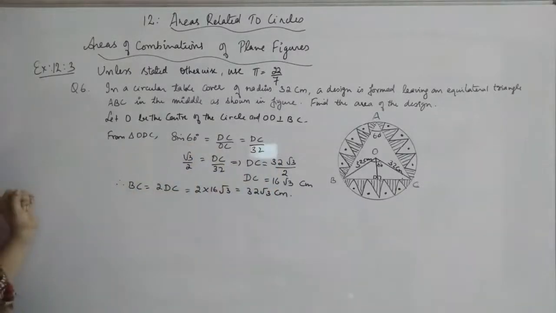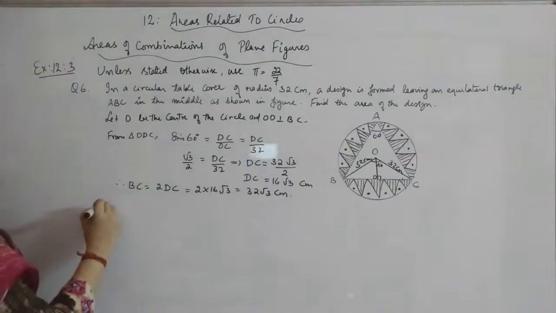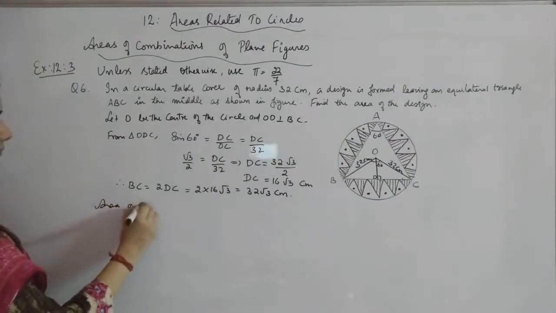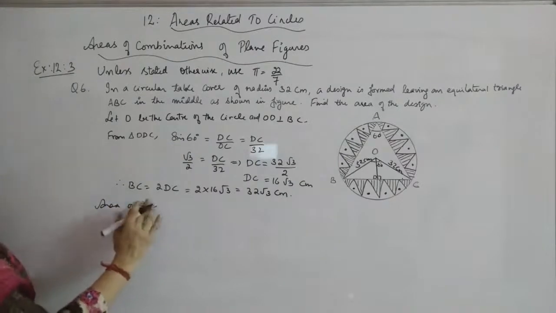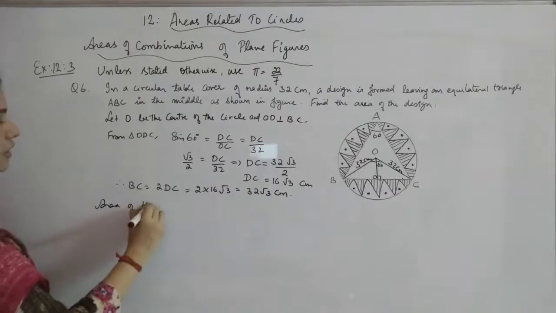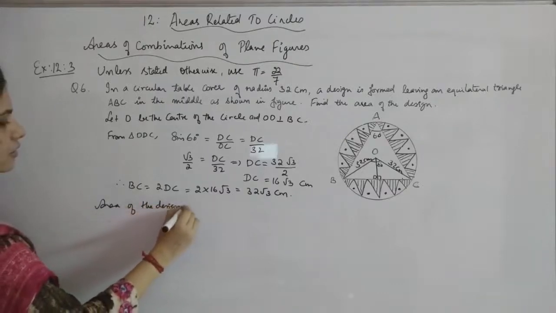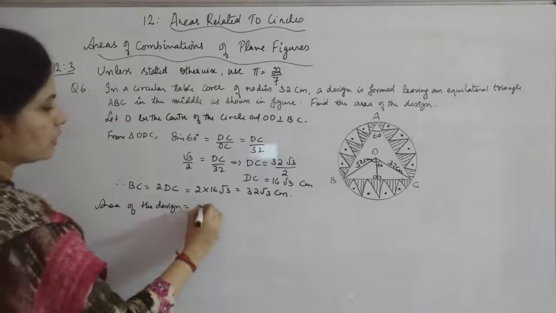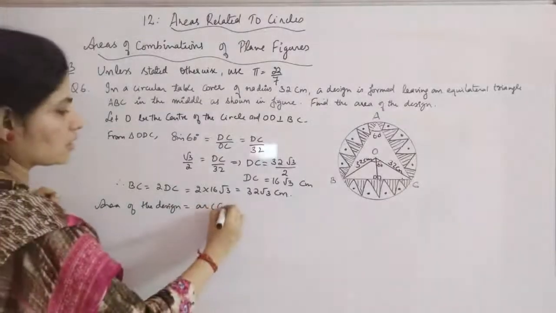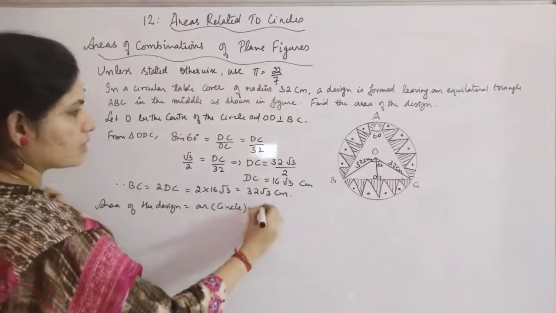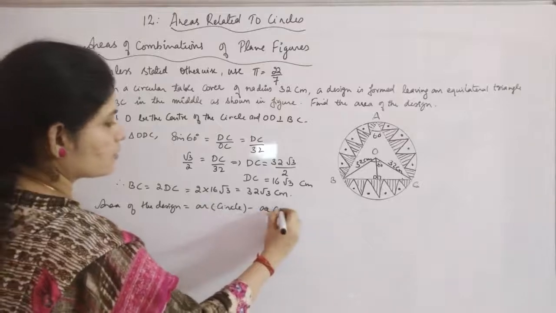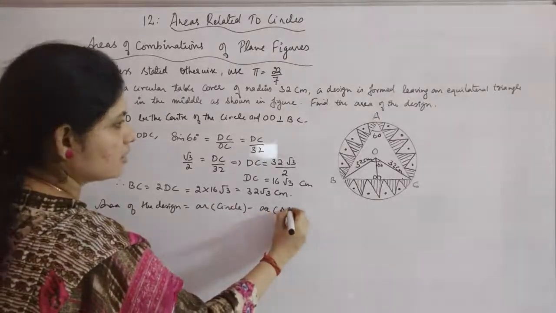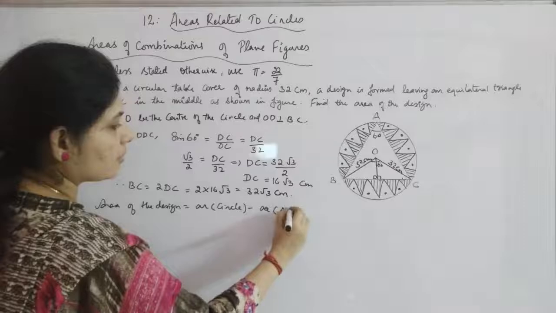Now you can find out the shaded region, right? So area of the shaded region, or you can say area of the design, is equal to area of the circle minus area of the equilateral triangle ABC.